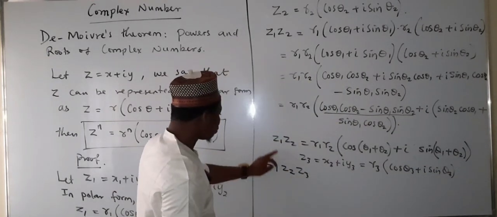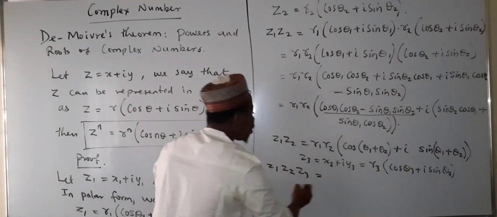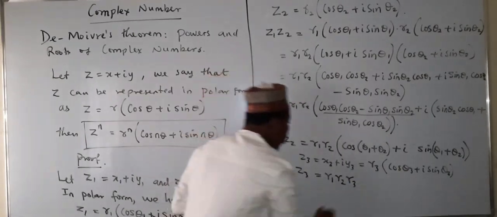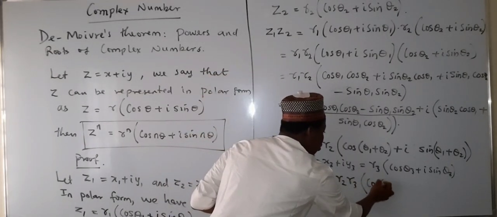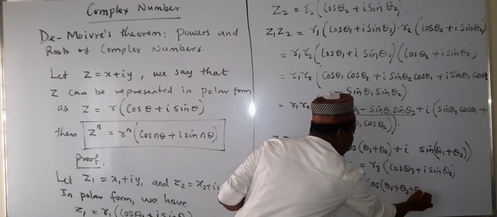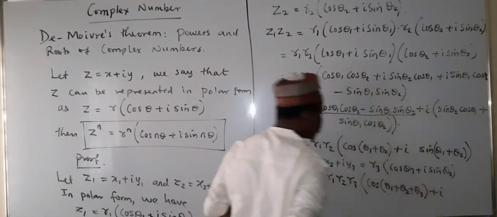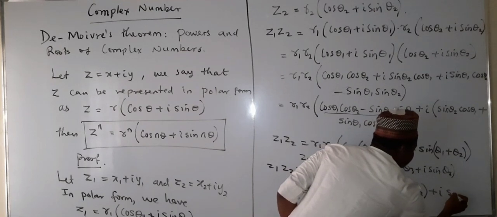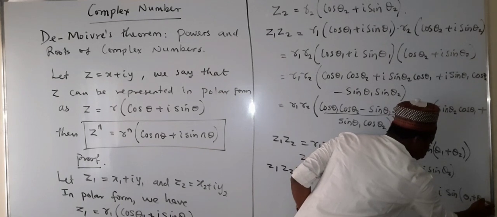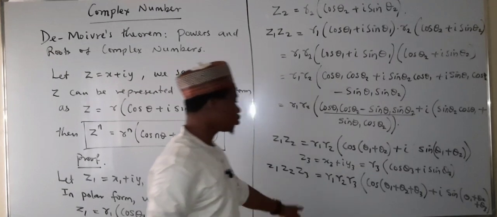And in multiplying this z1 z2 z3 from this identity, you will see that we have r1 r2 r3, open bracket, cos theta 1 plus theta 2 plus theta 3, plus i times sin theta 1 plus theta 2 plus theta 3. This is what you have.